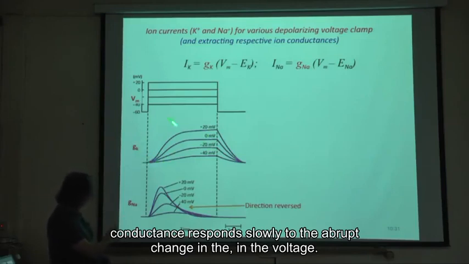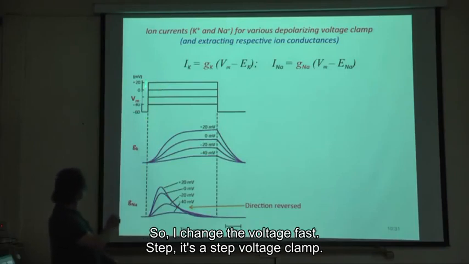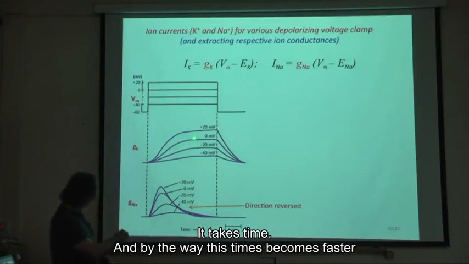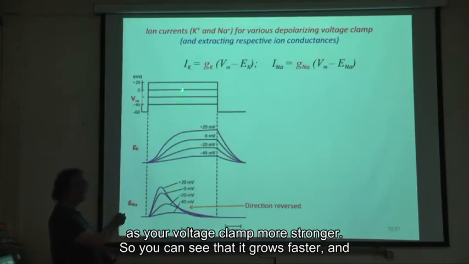You can see that the potassium conductance responds slowly to the abrupt change in the voltage. I change the voltage fast, a step voltage clamp, and it takes time, as we saw before, for the opening of the potassium conductance. And by the way, this time becomes faster as you voltage clamp more strongly.